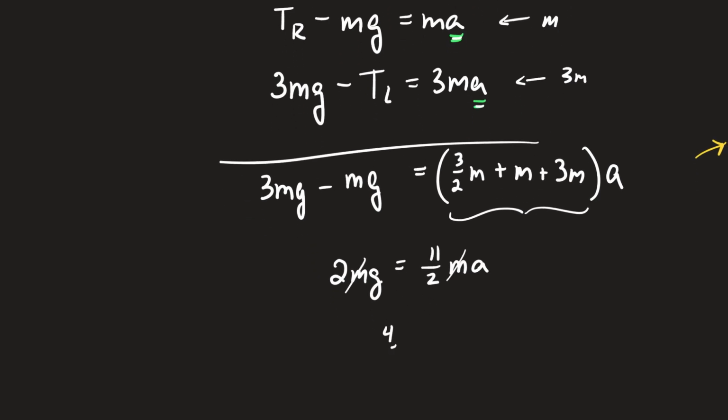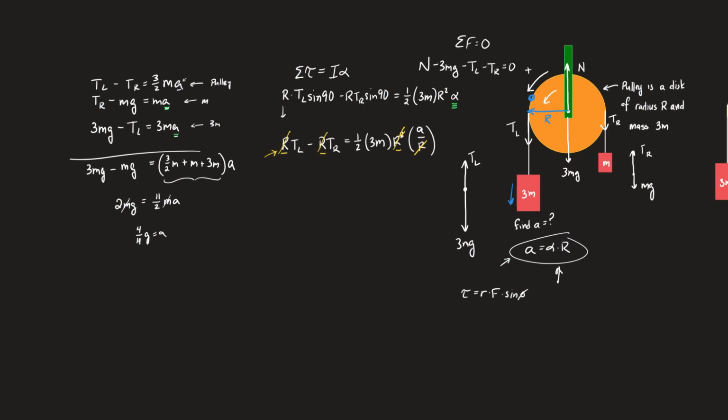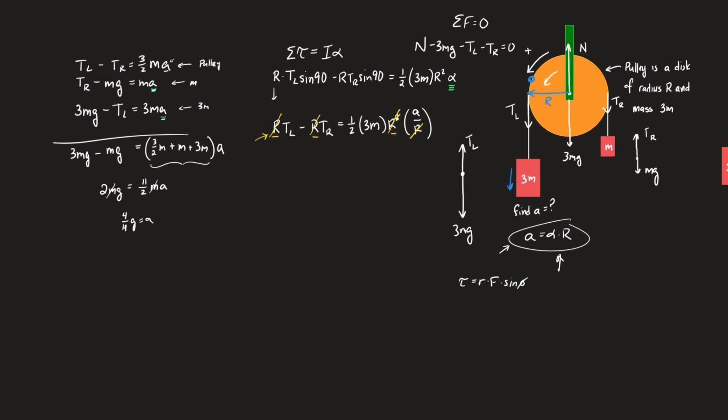It looks like 4/11 g equals a. The problem is generally done the exact same way we did it first semester. A net force equation for each object in your system, and anything that's spinning, a net torque equation.